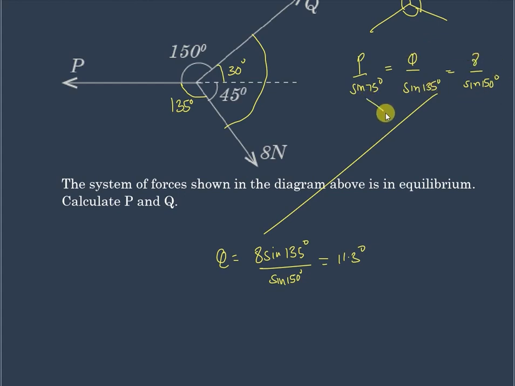Then you also equate: if all three are equal, then these two are equal, and even these two are equal. So the other thing is that P divided by sine of 75 degrees is equal to 8 over sine of 150 degrees.